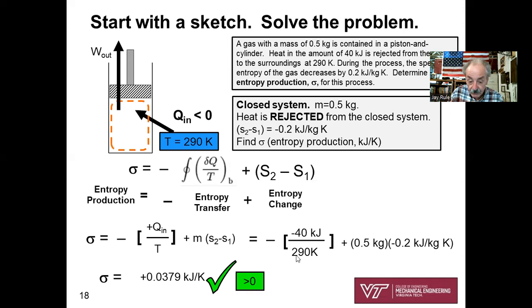Oh, here we go. This is a positive number here, isn't it? That's a positive number. This is a negative number. I add them all up and I get plus 0.0379 kilojoules per degree K. Whew. My number is bigger than 0, so I've got a process that is possible and irreversible.